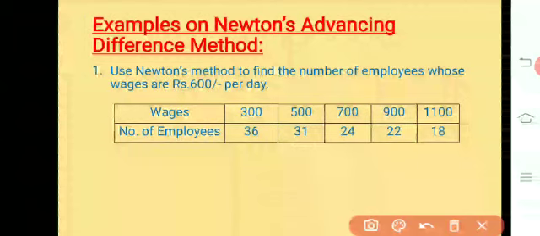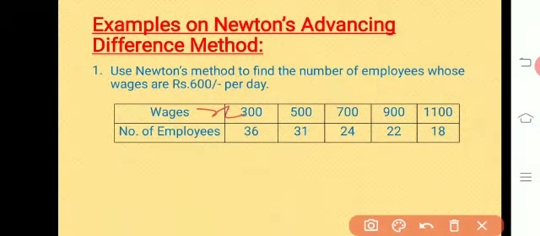We have seen in the binomial expansion method that one of the x values is missing. In that situation we use the binomial expansion method. Here all the x values are given, so we are using Newton's method.